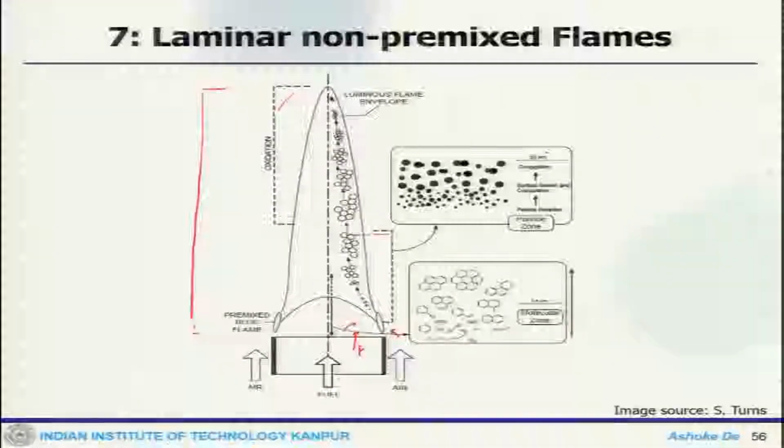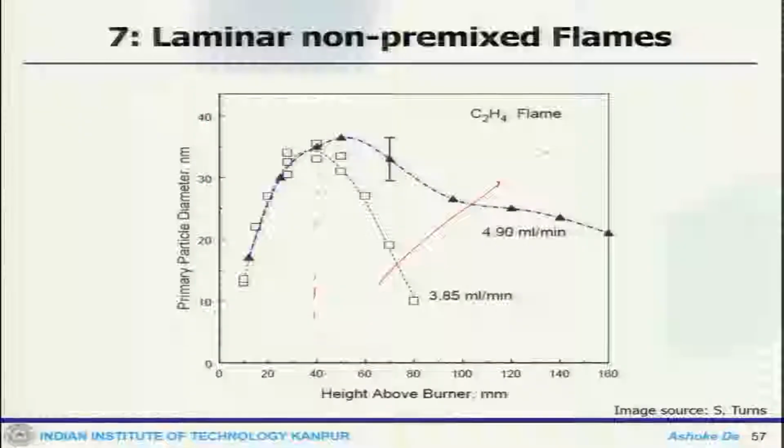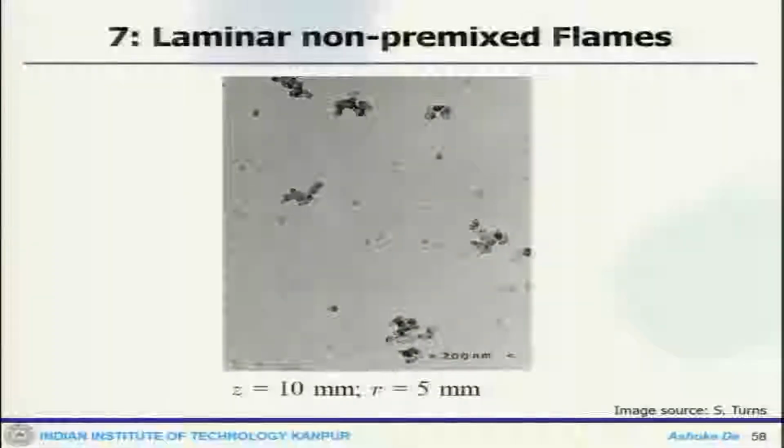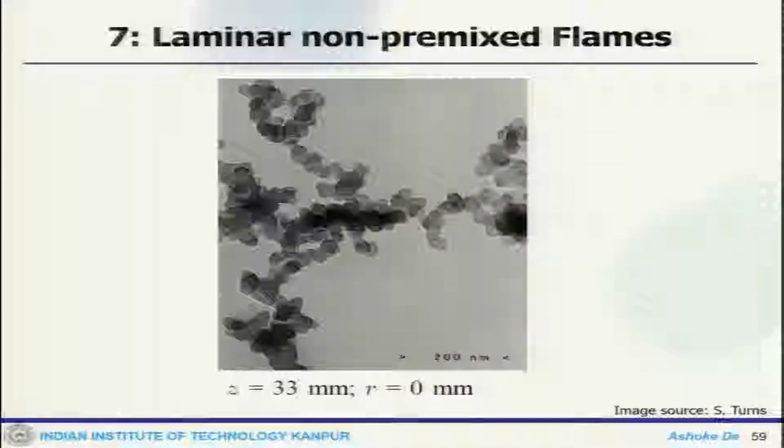Beyond that there is an oxidation process which is quite different for different flow rates. These are the typical images of soot one can see under microscopes.